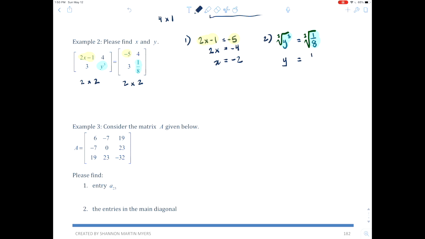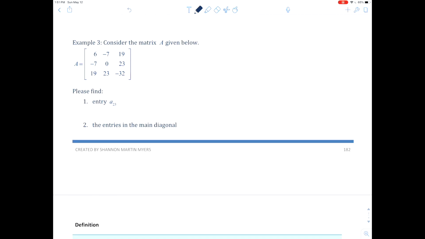So y is equal to 1/2. And we've solved it. So x is -2 and y is 1/2. Those are the values where if you substitute them back in, you will get equal matrices. Groovy? All right, so now example 3.